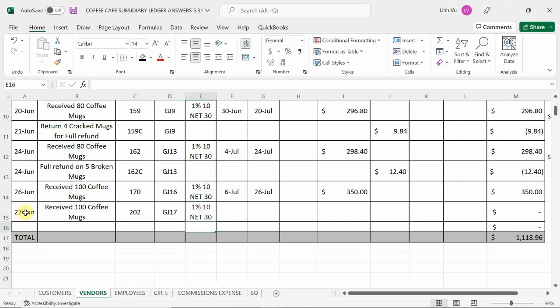The same terms of 1% 10 days, if not pay the entire thing in 30. Okay. For the $351. So right now I owe a grand total of $1469.96 to All Things Ceramics.